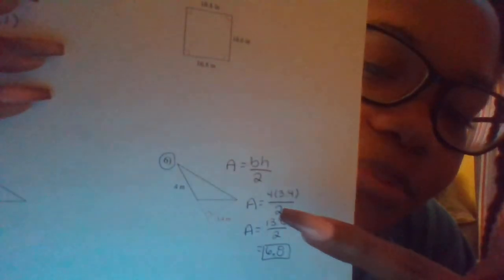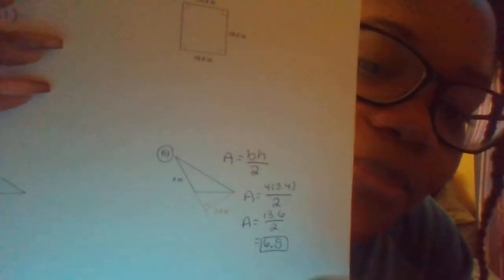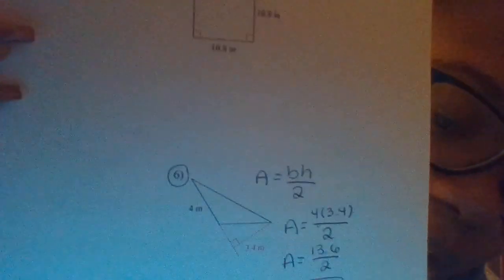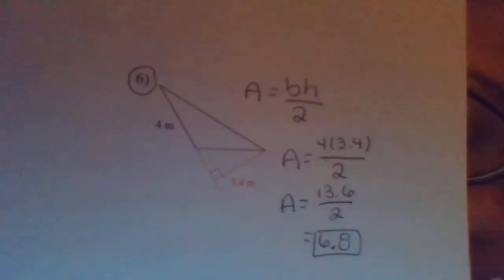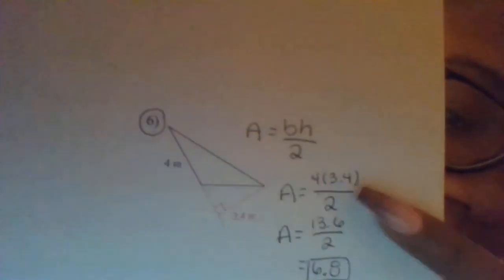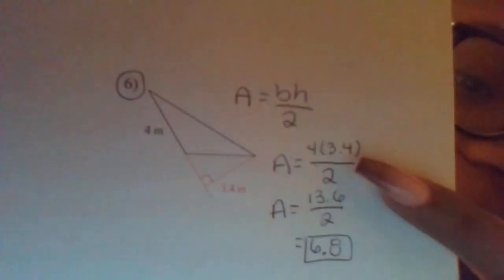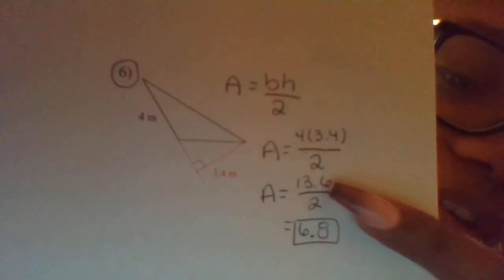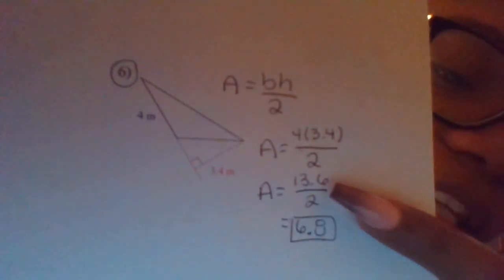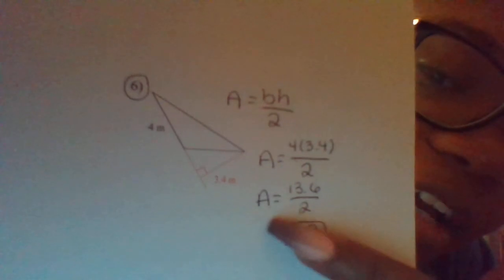Again, as I said in the previous problems, whatever two sides are making a right angle, those are going to be your base and height. So for this particular problem, we have 4 and 3.4. I just plugged it into the formula here. 4 times 3.4 divided by 2 is our area. In my calculator, 4 times 3.4 got me 13.6. Then I simply did 13.6 divided by 2 and got 6.8. So our area for problem 6 is going to be 6.8.